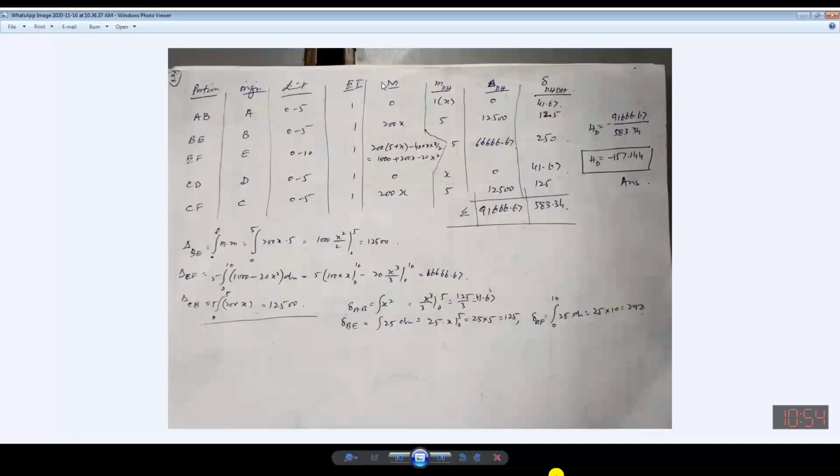Now comes small m, m DH. It represents that you will be applying the unit load at point D in the horizontal direction, and you will look into its effect in terms of moment for every segment.